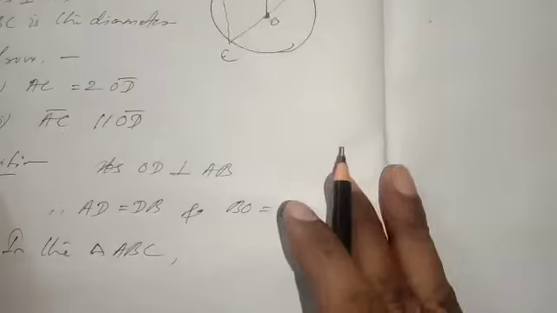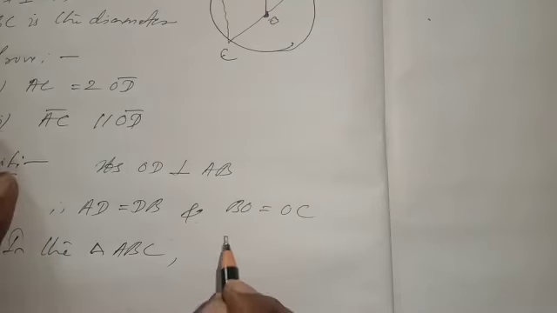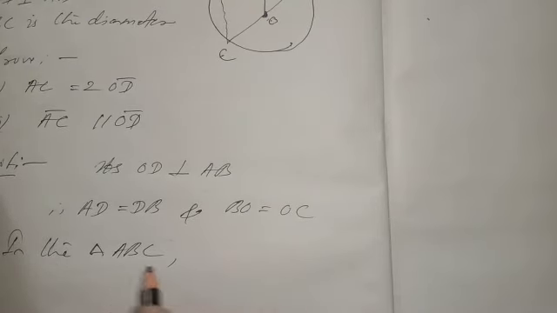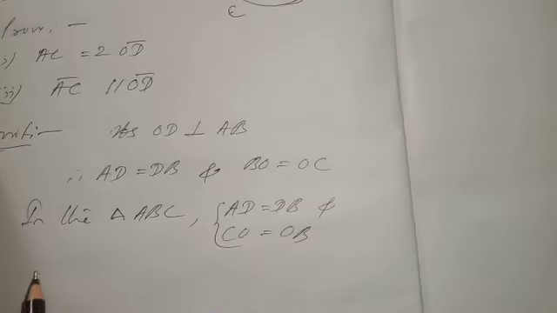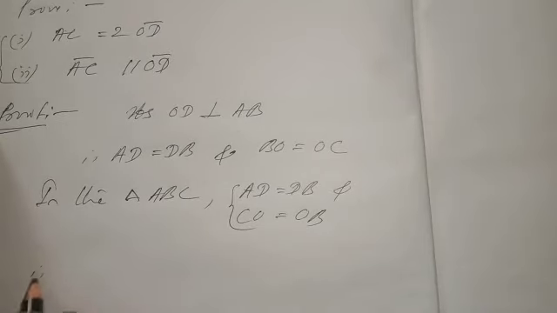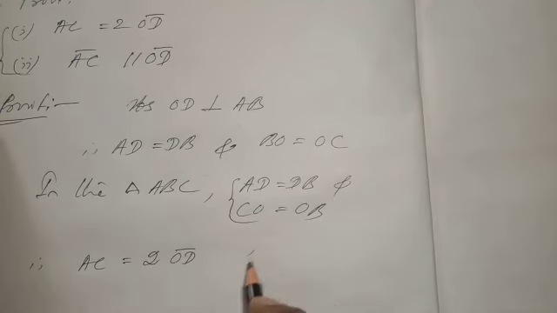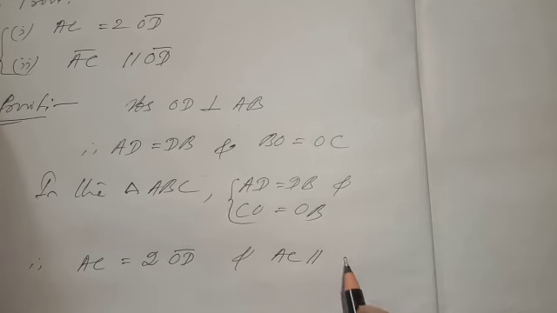Yes or no? In the triangle ABC, AD is equal to DB and CO is equal to OB. Therefore, by midpoint theorem, AC is equal to twice of OD and AC parallel to OD.